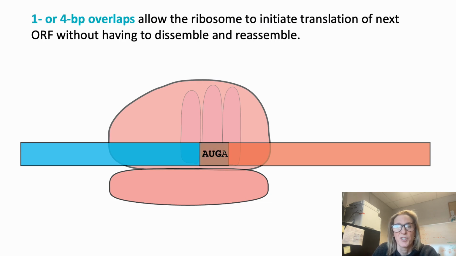If the ribosome shifts back a single nucleotide, it is now positioned to read the start codon of the orange open reading frame, AUG. The protein for open reading frame 2 is synthesized by the same ribosome without needing to disassemble and reassemble to initiate translation at this start site.